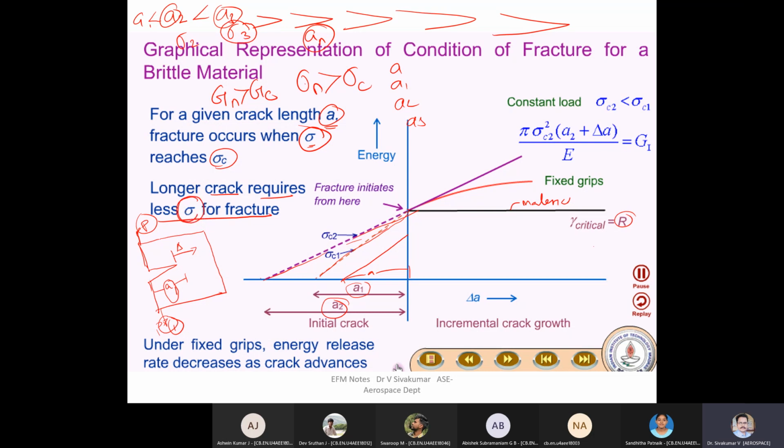We should not confuse, because sigma C is where fracture initiates. When the crack is small, let us say A is small, it will produce a sigma. This sigma is more, obviously.